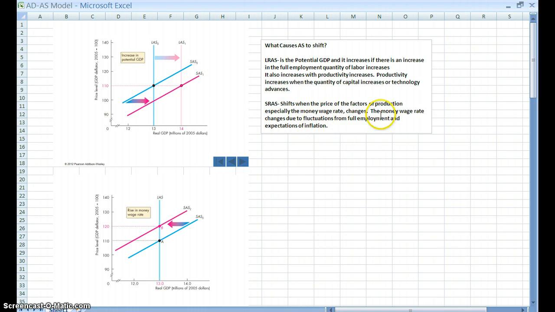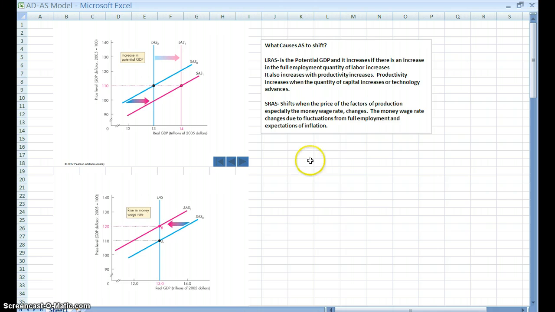But it also shifts when the price of the factors of production, especially the money wage rate, changes. The money wage rate changes due to the fluctuations from full employment and expectations of inflation. Okay, so when people expect inflation, they look for increased wages, and companies, in order to keep them employed, have to raise their wages in order to allay their fear of inflation eating their paycheck.